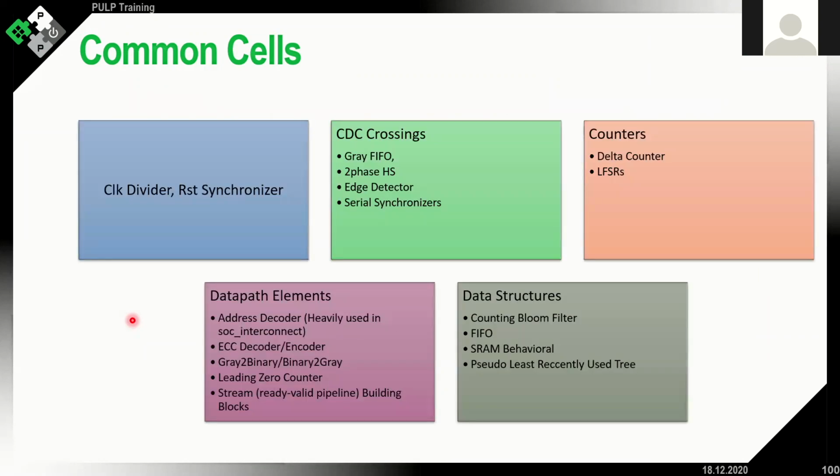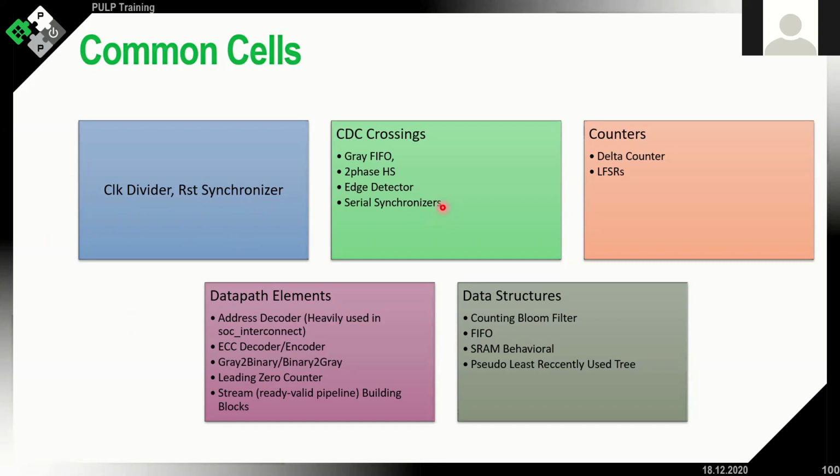So this little illustration gives you a quick overview on the different parts that the common cells have. On one side, we have simple clock dividers, integer clock dividers, and reset synchronizers. We also have clock domain crossings.